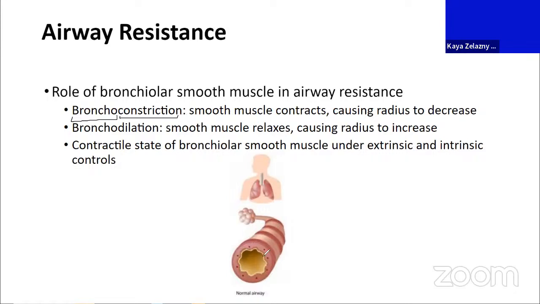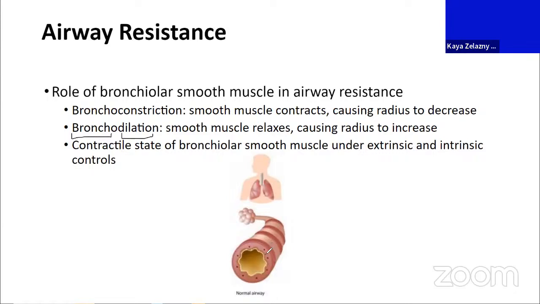When we have that muscle contracting, our radius is going to get smaller and smaller. So that's our bronchoconstriction. Okay. Bronchoconstriction means it's harder to breathe because you've got a little tiny airway.